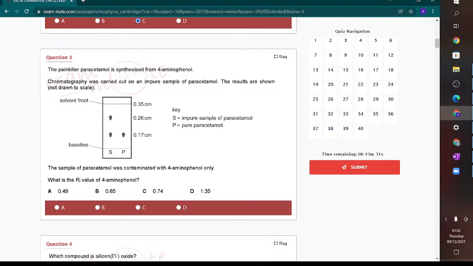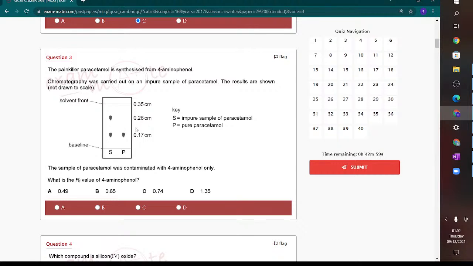What is the Rf value of 4-aminophenol? The painkiller paracetamol is synthesized from 4-aminophenol. Chromatography was carried out on an impure sample of paracetamol. The results are shown. P is pure paracetamol, and the other is an impure sample of paracetamol.